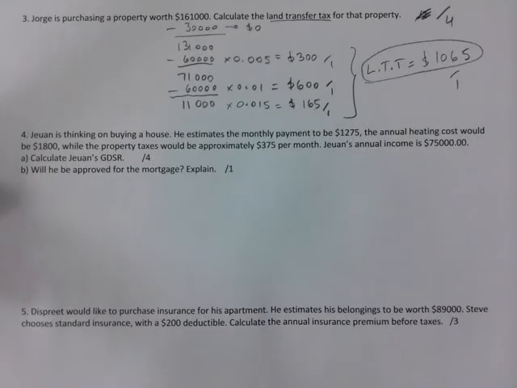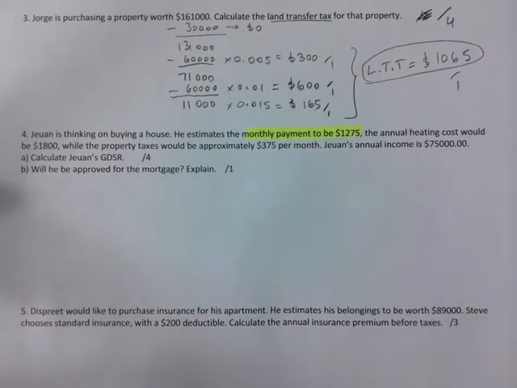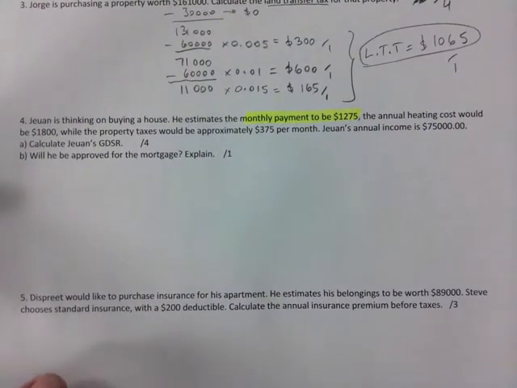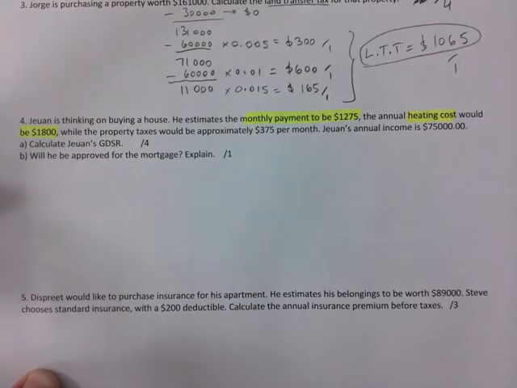Okay. G1 is thinking of buying a house. He estimates that his monthly payments would be $1,275. The annual heating cost, there's a heating cost, but it's annually, right? $1,800.